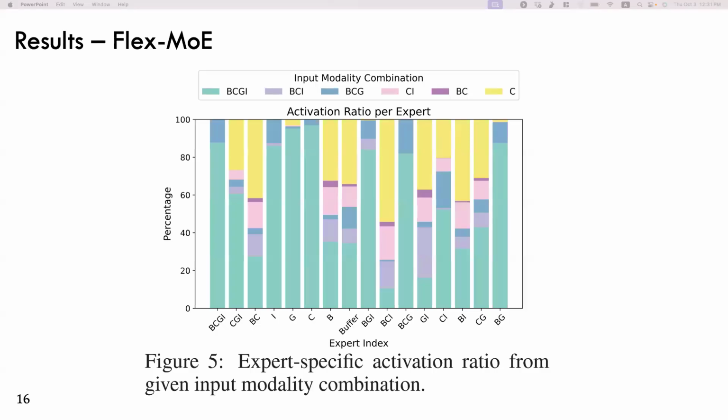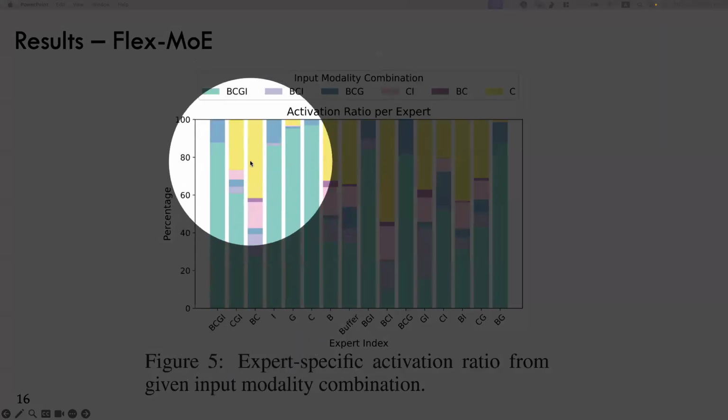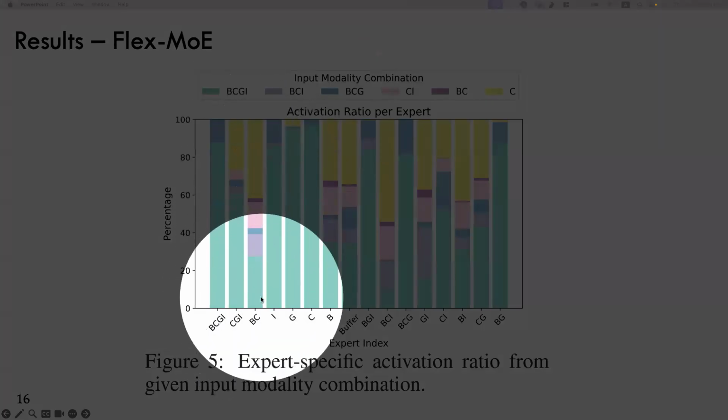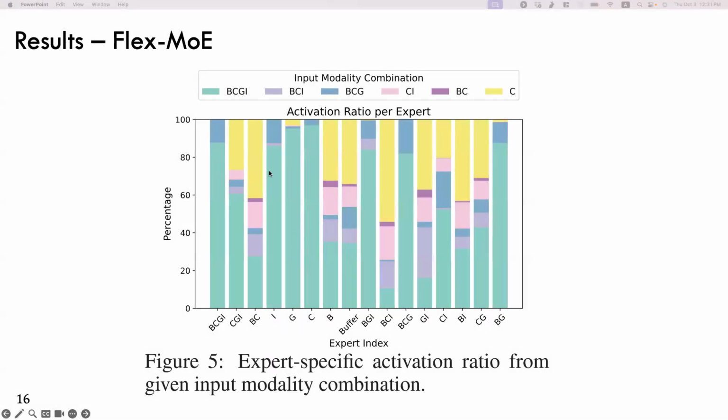So let's see the first one, the yellow one. CGI, yes, and also for this one, BC, it also has the yellow one, which means that for the experts we created to deal with multimodal information, whenever it's related to clinical information, it can indeed be activated for the patient with clinical measurement. This is another post-hoc explanation for the design.